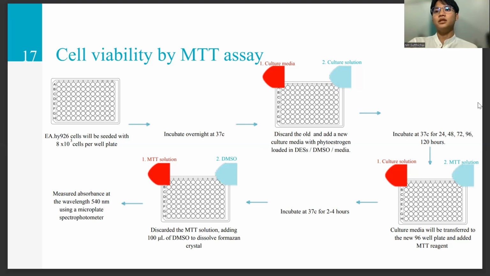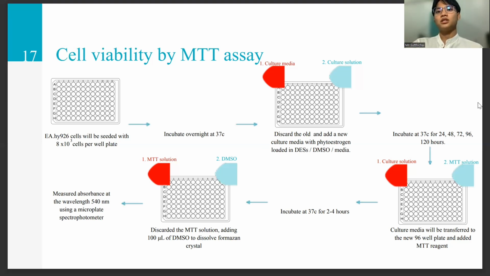EA.hy926 cells will be seeded with 8 times 10 to the third cells per well plate and incubated overnight. Culture media will be discarded, then add Pandorea candere extract in different concentrations, 1 to 10 micromolar, into each well and incubated under 37 degrees Celsius for 24, 48, 72, 96, 120 hours.